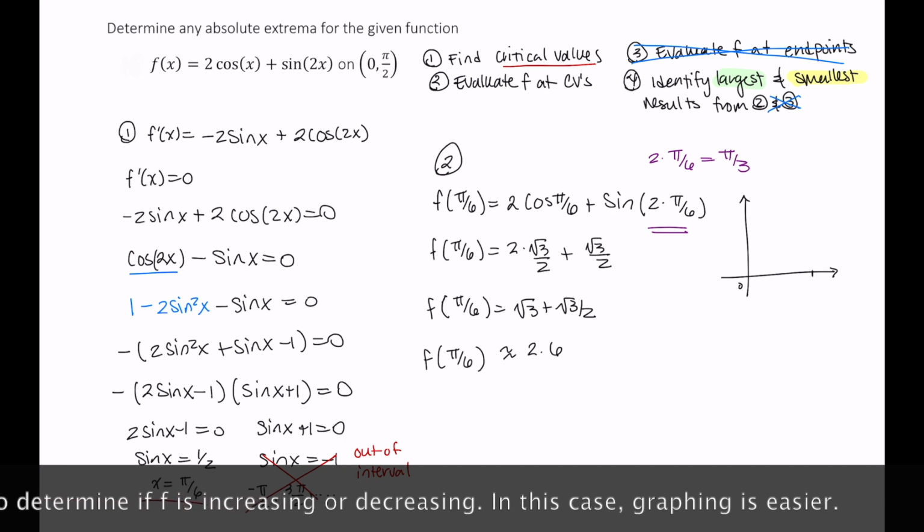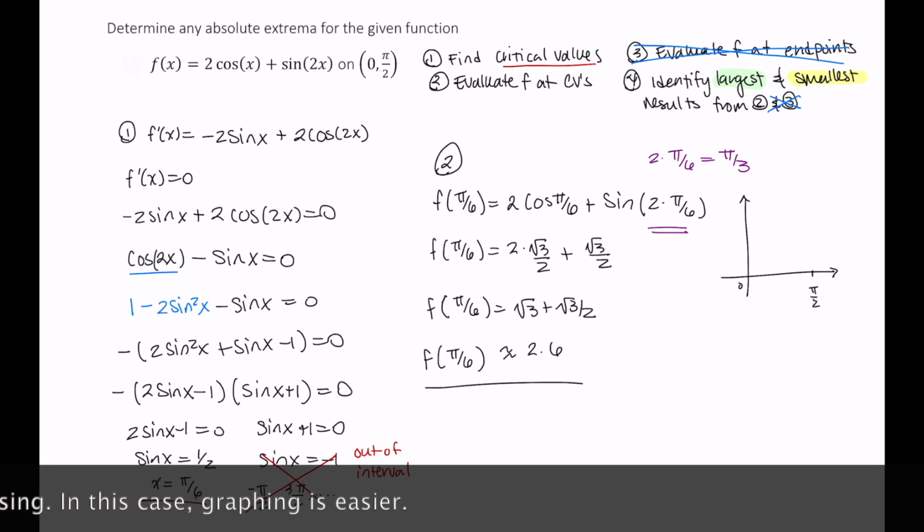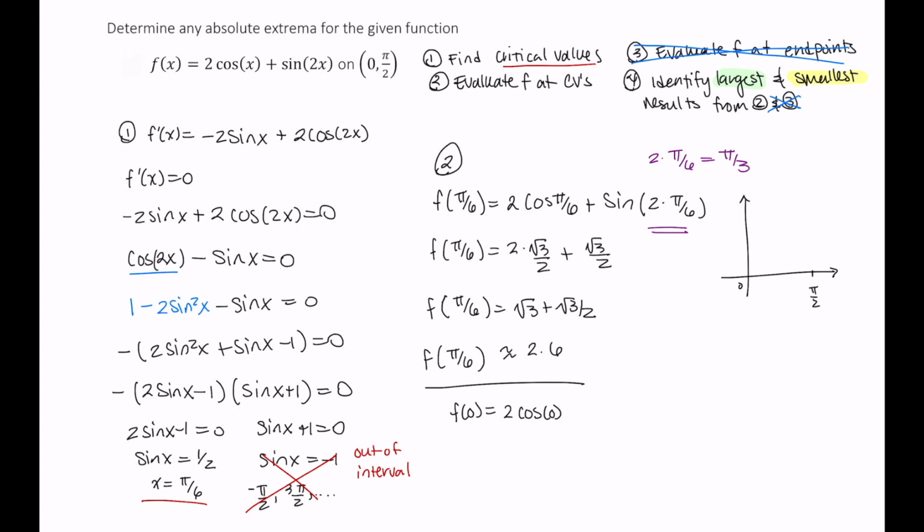So this is 0, and here's pi over 2. So f of 0 is equal to 2 times cosine of 0 plus sine of 2 times 0. This is just 0, and cosine of 0 is equal to 1, so f of 0 is equal to 2.